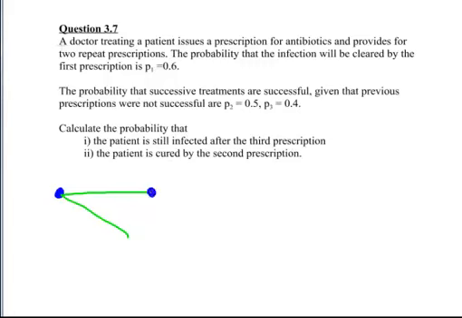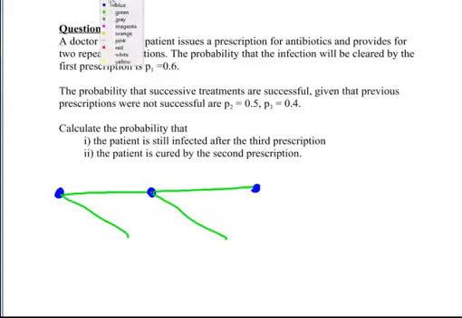Now, that second treatment might be successful, and it might not. So the patient gets a third treatment, and these blue dots represent treatments essentially. That third treatment might be successful, and it might not. Okay, and in this case, that takes into account every possible scenario.